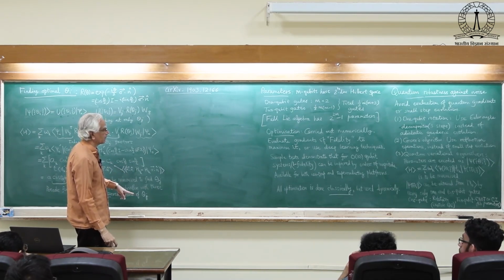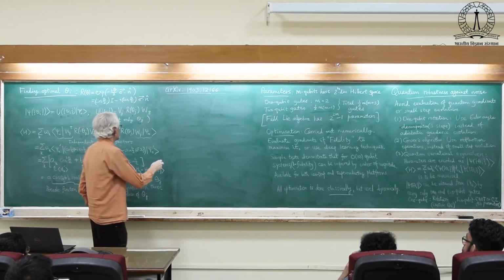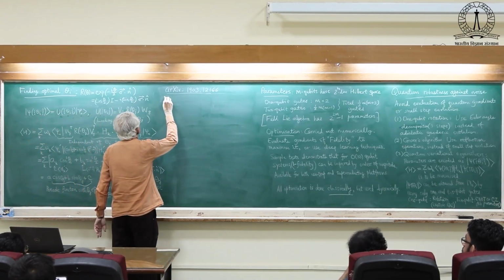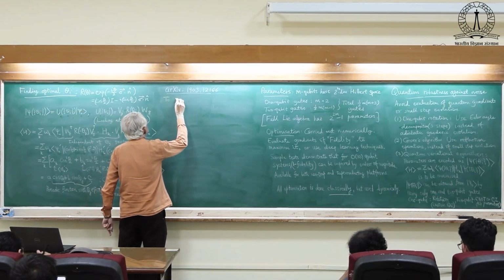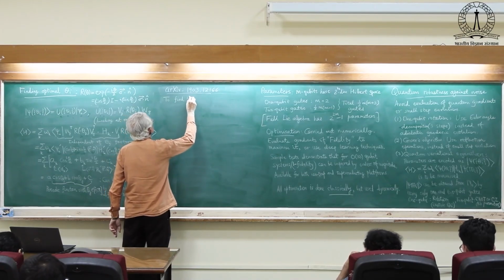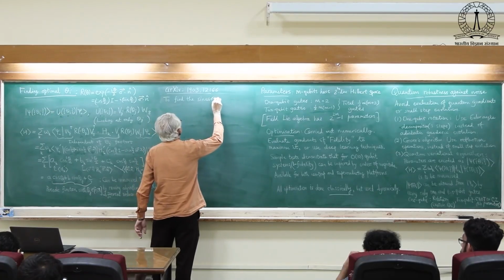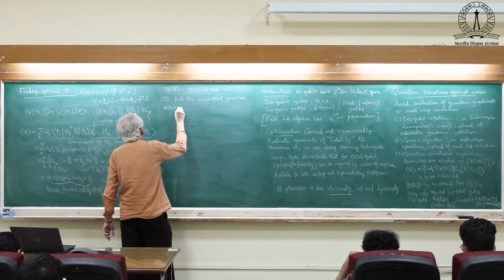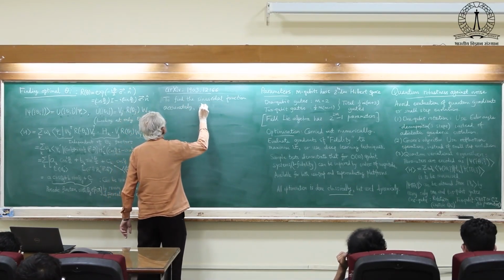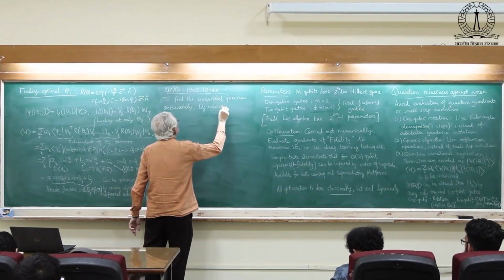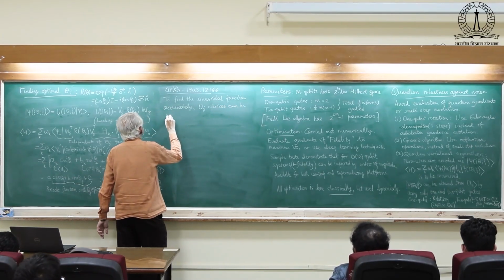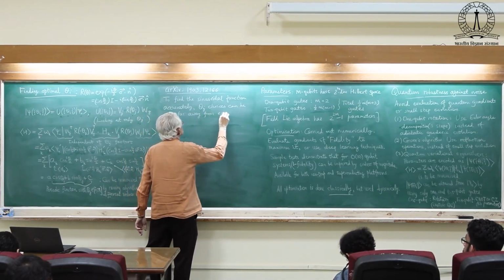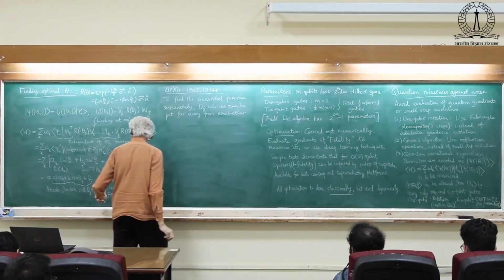So how does the algorithm look? To get the sinusoidal function, you need 3 values of theta j.